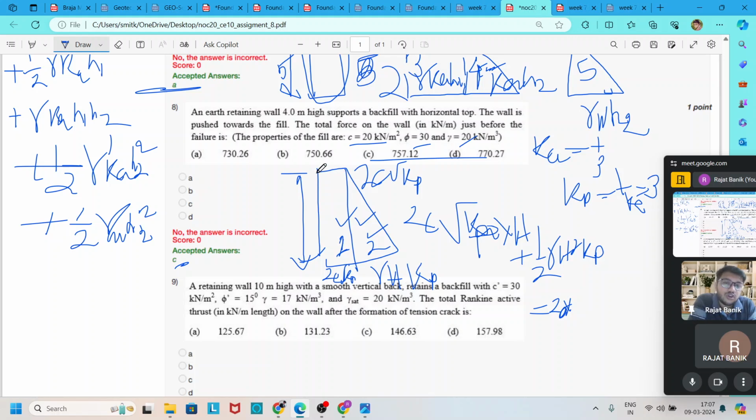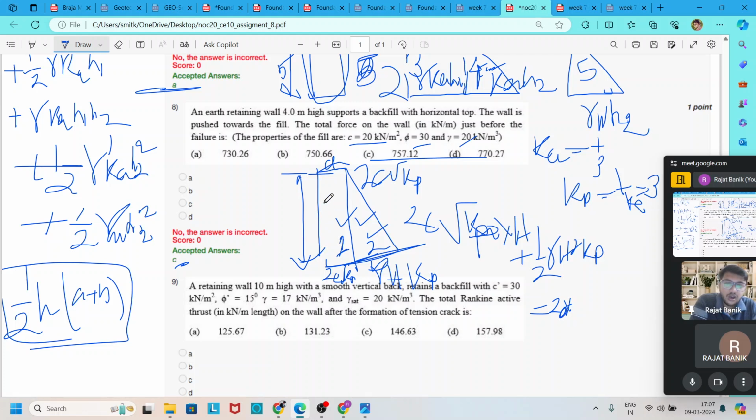We can also solve this directly by considering the diagram as a trapezoid and using the trapezoid formula, half into the height of the trapezoid into a plus b, where a is this surface and b is from here to here. You can solve it directly, but for convenience and an easy way, I think it is better to divide the pressure diagram and find the areas using the basic area formula.